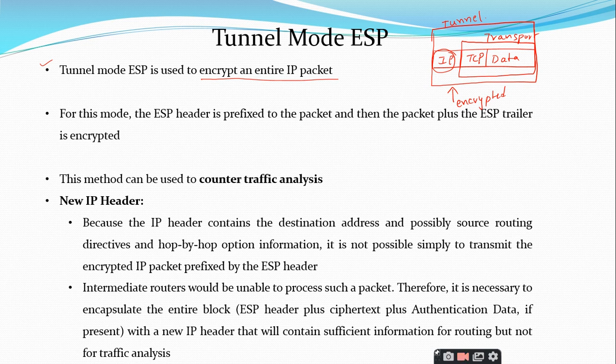But if you want to provide high security for the entire organization or for the different networks located at different locations of a particular organization, it is better you choose the tunnel mode. So the basic difference is that the transport mode is going to encrypt the TCP header plus data, and the tunnel mode is going to encrypt the IP header plus TCP header plus data.